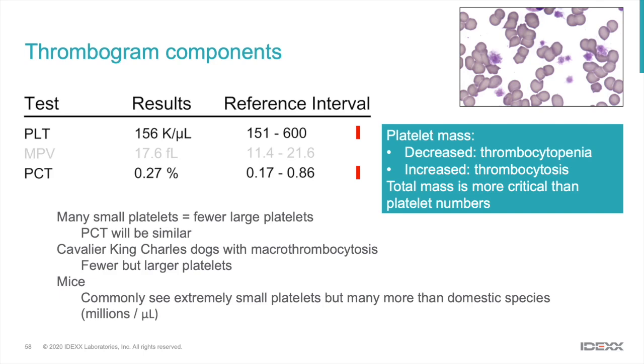And if I go to a species that you probably are not working with, the mouse, mice have very small platelets. We count them in the millions per microliter rather than hundreds of thousands per microliter. Yet again, they have platelet crits similar to those of normal dogs and cats. Many small platelets equals fewer large platelets when it comes to functionality.